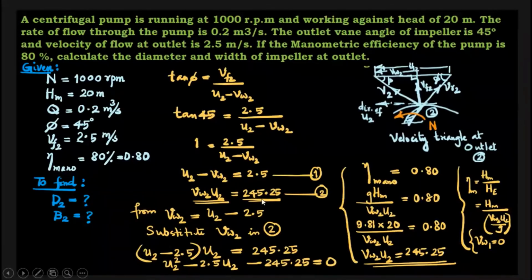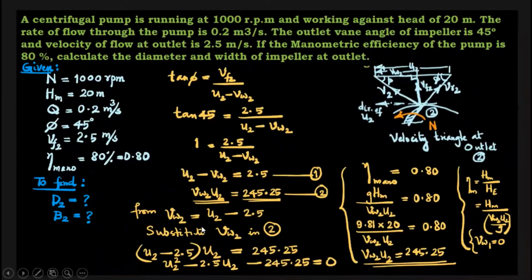So U2 minus 2.5 into U2 is equal to 245.25. You get this quadratic equation in which the variable is U2 alone: U2 square minus 2.5 U2 minus 245.25 is equal to 0. It is of the form ax square plus bx plus c is equal to 0, a not equal to 0.